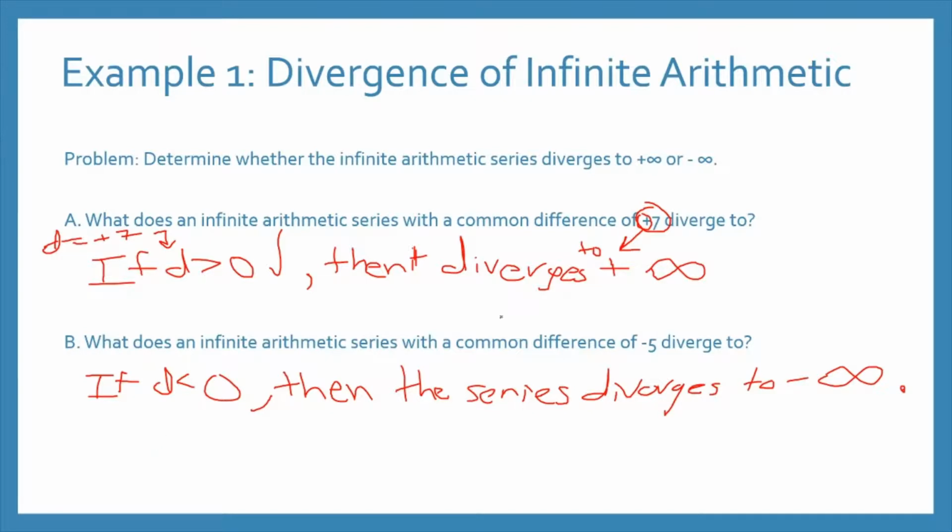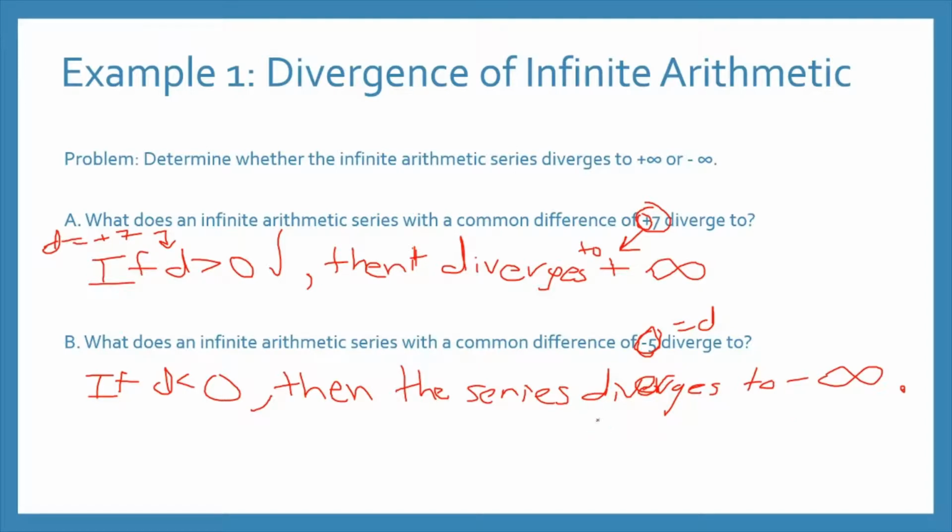So again, you just look at the common difference value. We're given that right here as -5, so d is equal to -5. We then write out the rule: if d is less than 0, then the series diverges to negative infinity.